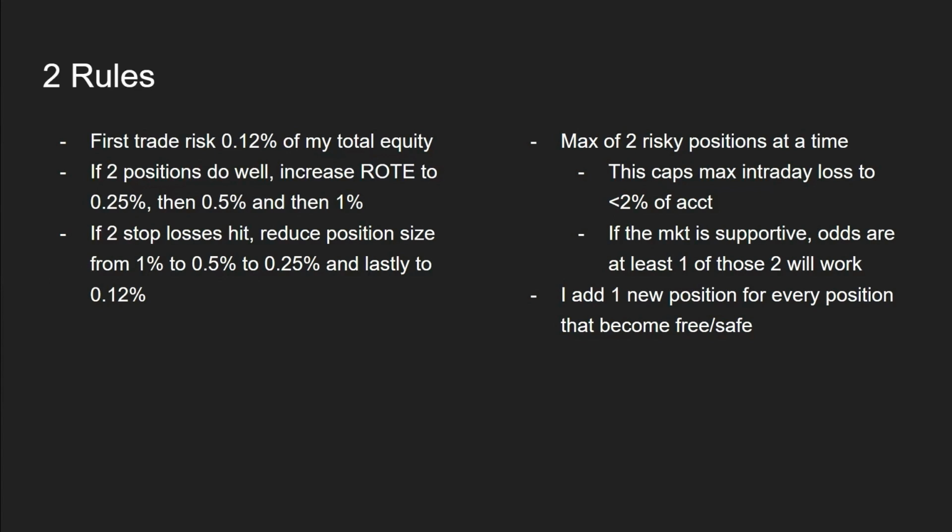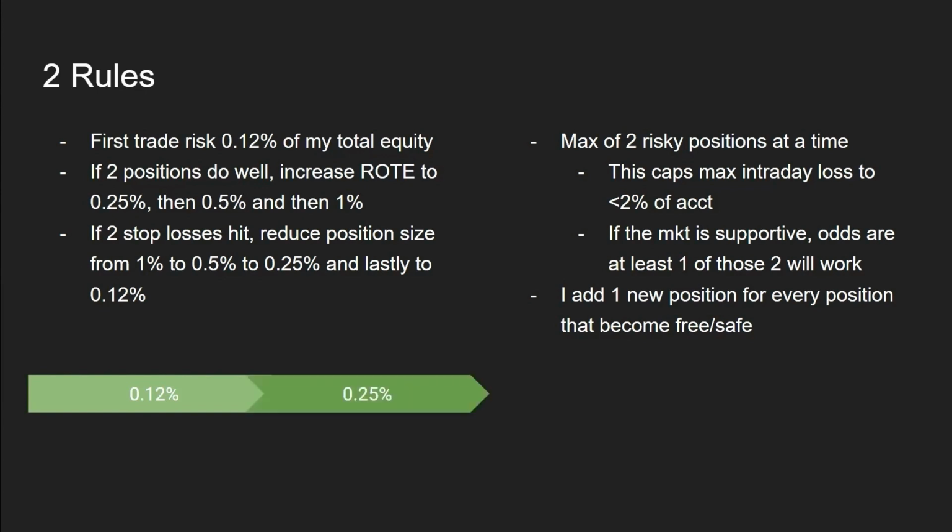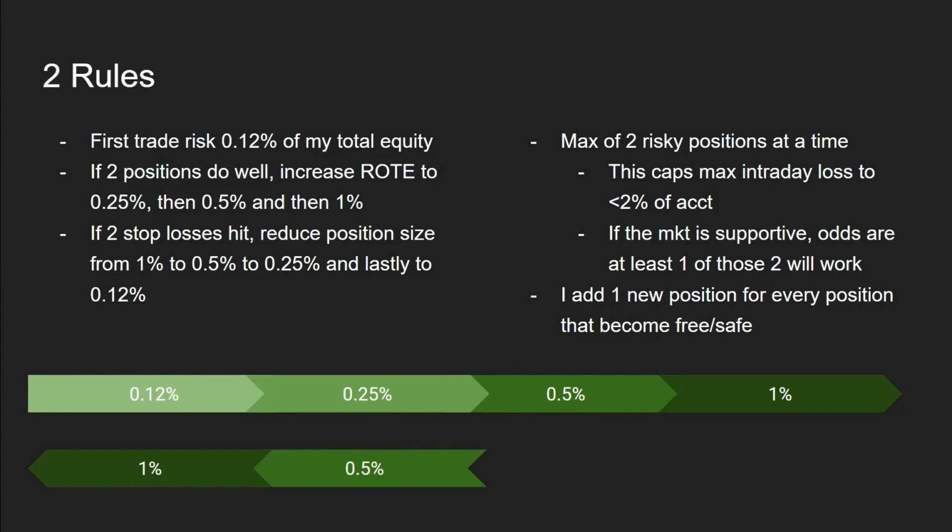Okay, so just to recap the 2 rules. The first one is we start with a risk of 0.12%. If 2 of them work, we increase to 0.25. If 2 more work, we increase to 0.5. And if 2 more work, we trade full size at 1% risk. Say we're at 1% risk and 2 of them fail, then we reduce to 0.5.